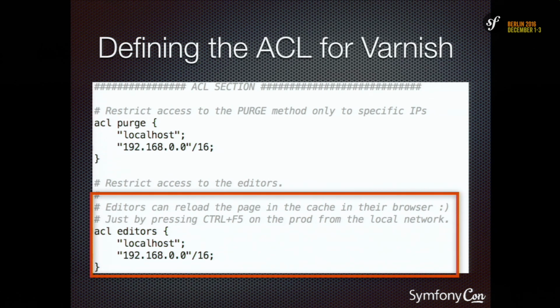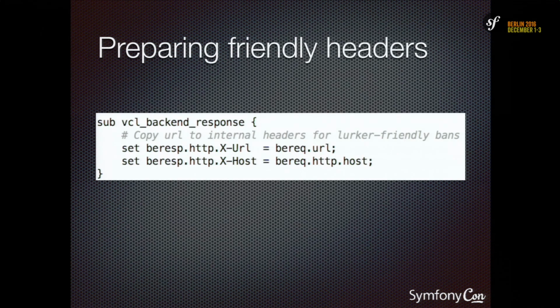And now I want to show you how you can use purging with Varnish, because I think it's a very interesting topic. Varnish has a special feature called ban lurker. Ban lurker is responsible for clearing the content from the cache. And if you request a page and this page is already in a ban, then Varnish will refresh it.